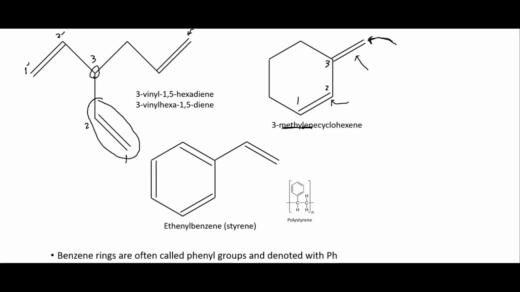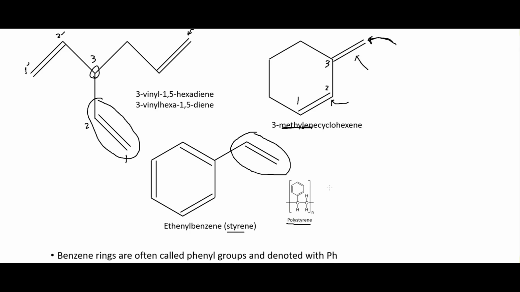Then just another one to show here. So we have ethynyl benzene, and so we have this right here, which you might also see called a vinyl group, so it might be vinyl benzene. And a common name for this is styrene, and so you might have heard of polystyrene. So I think that's often used in packing peanuts and styrofoam and things like that.